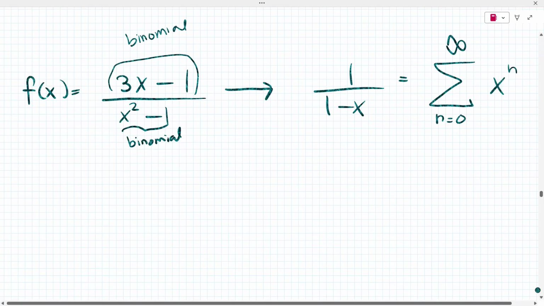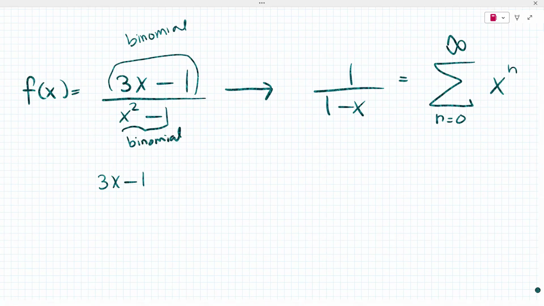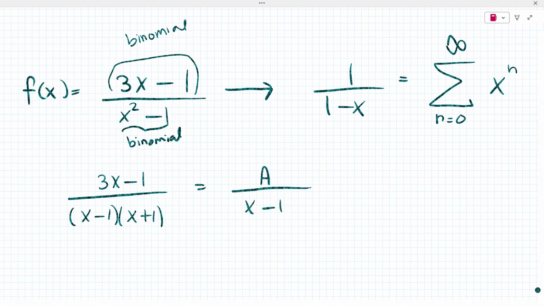So to set up your partial fraction, it would be expressed as 3x minus 1 over x squared minus 1, which could be factored out as, because you want it in the most factored form, it's a difference of squares, so x minus 1 times x plus 1. And then it's going to be A over x minus 1. Why do I put an A on the top?